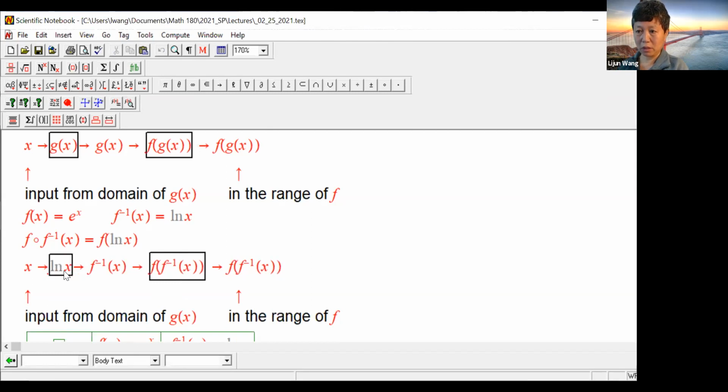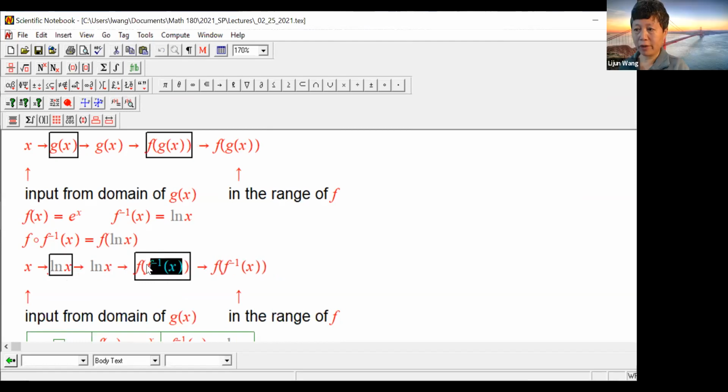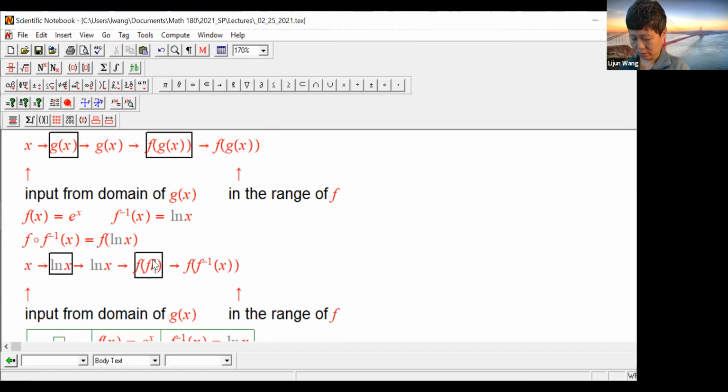Do you follow me? And over here, it's going to be ln x. So F of ln x. I'm sorry, remove this. What is F? F is e to the power x. So this is going to be e to the power of ln x.